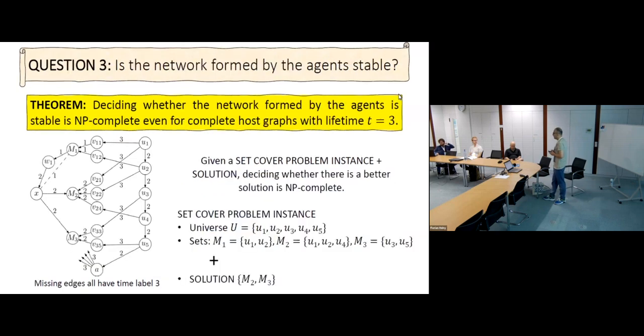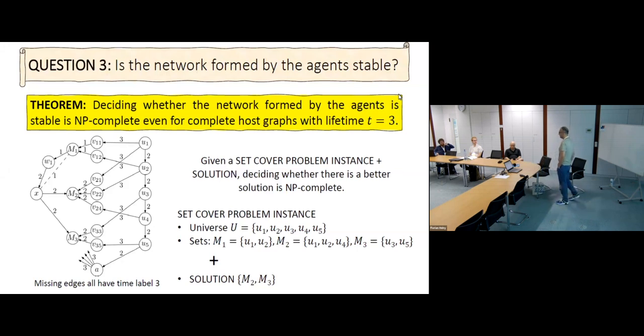Okay, so concerning question number 3, of whether the network formed by the agents is stable or not, we were able to provide an answer. Again, this problem is NP-hard for complete host graphs with a lifetime t equal to 3 or larger.